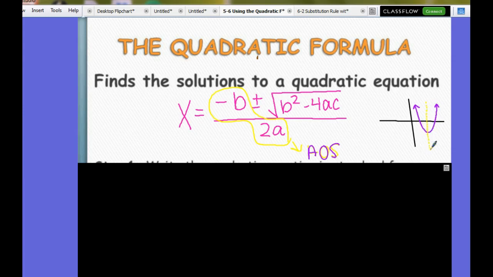So essentially the AOS is the front part of the quadratic formula. The other part, the discriminant, is that distance away to both our roots. So what the quadratic formula is doing is finding us these two values. The AOS is negative b all over 2a.